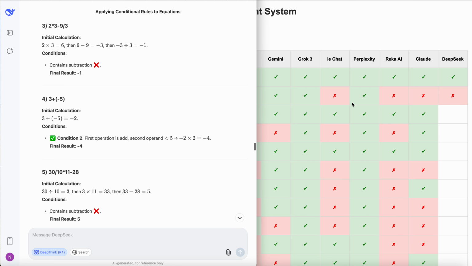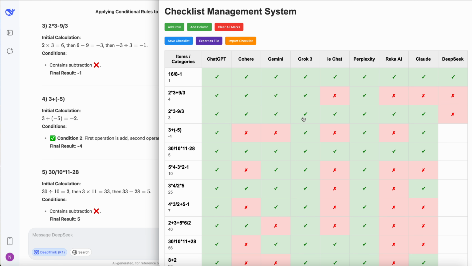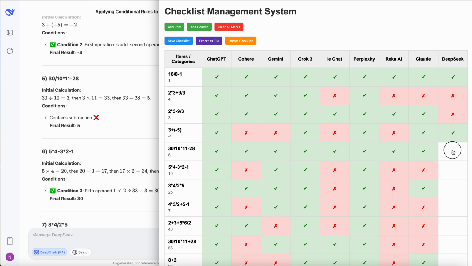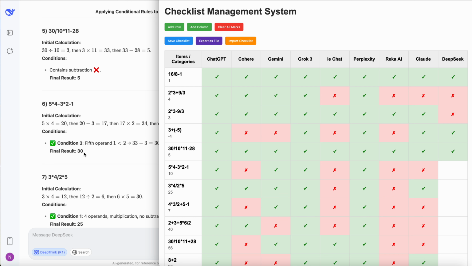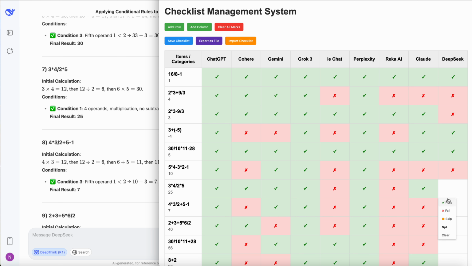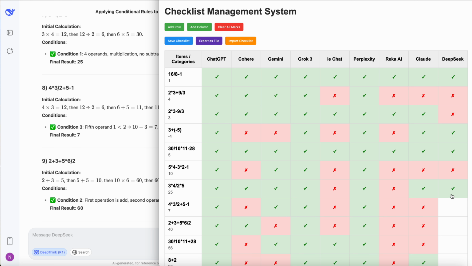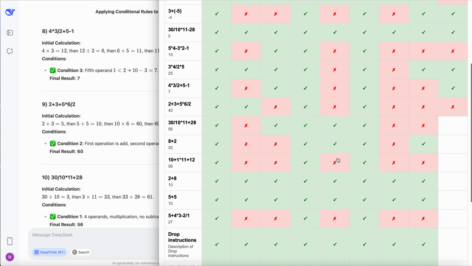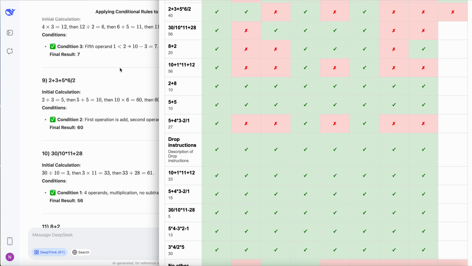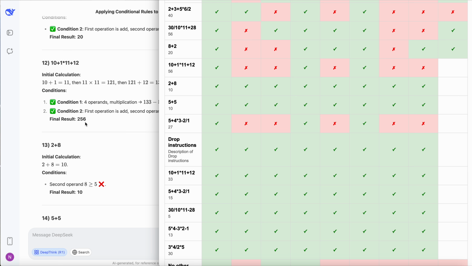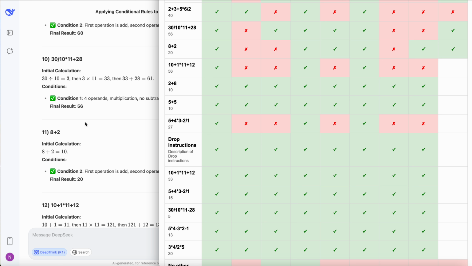Let's go. -1, 3. Interesting. -4, -4. 5, 5. 30, 10. 25, 25. 7, 7. 60, 40. 56, 56. 20, 20. 256, by the way, out of curiosity.